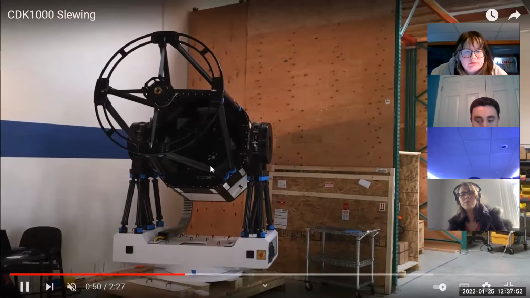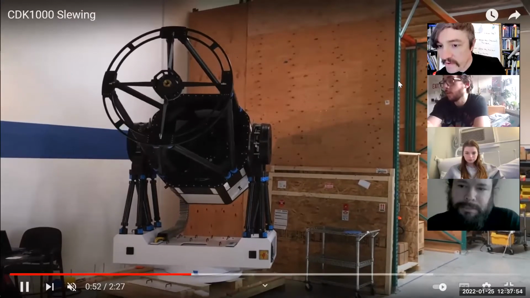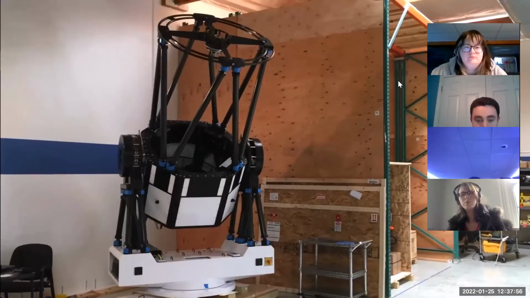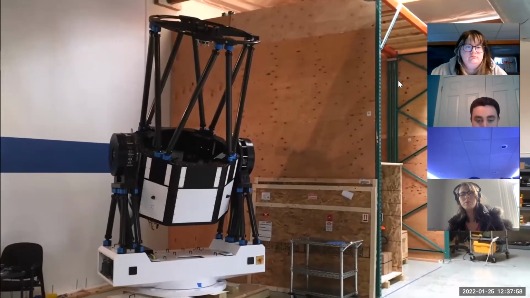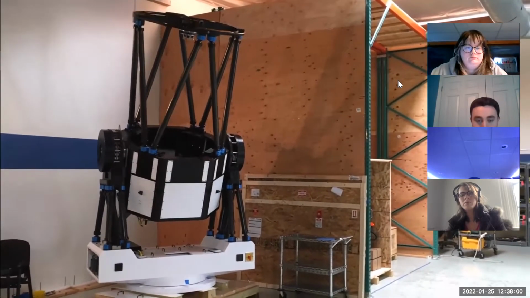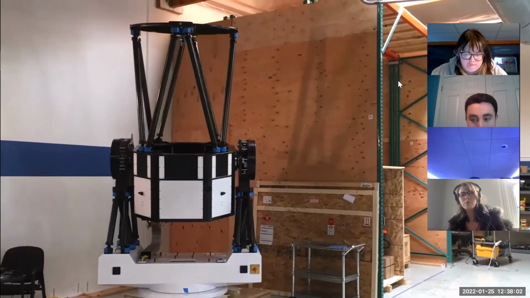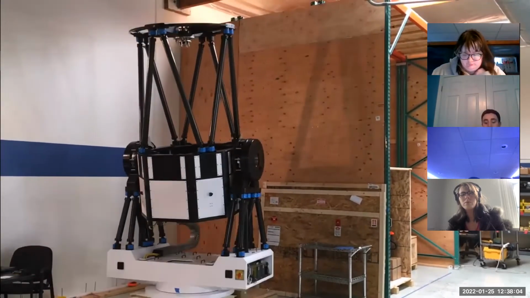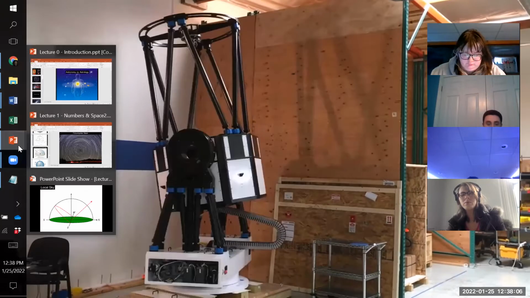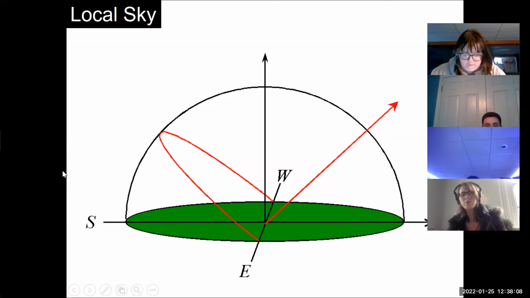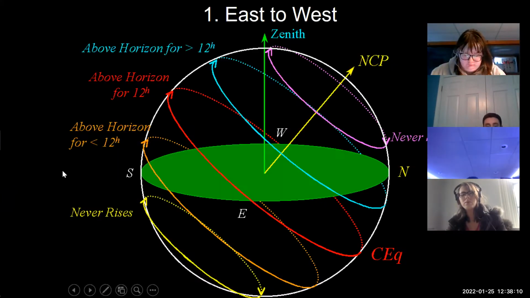Without that computer, if you had to do this by hand, it would be a very annoying process. And the reason why is because although altitude and azimuth are simple and make sense from a sort of human-based perspective, remember the picture I showed you earlier of our rotating nighttime sky. From a Rhode Island local sky, a single star throughout the course of the night will change in both altitude and azimuth in a complex way.